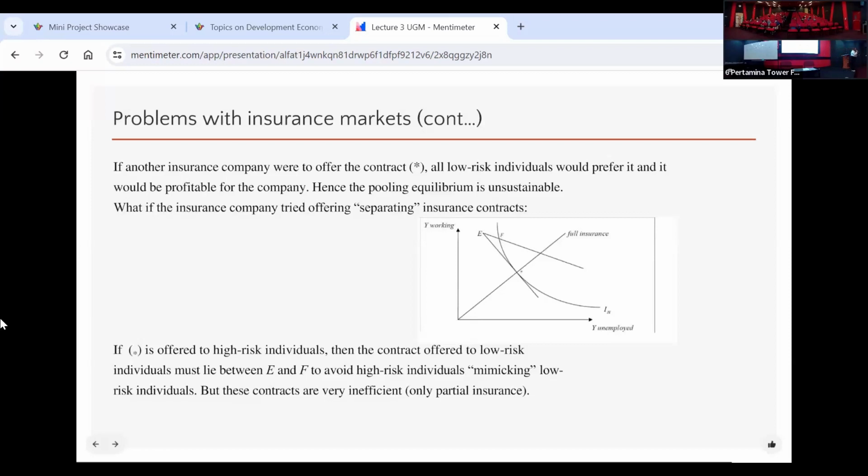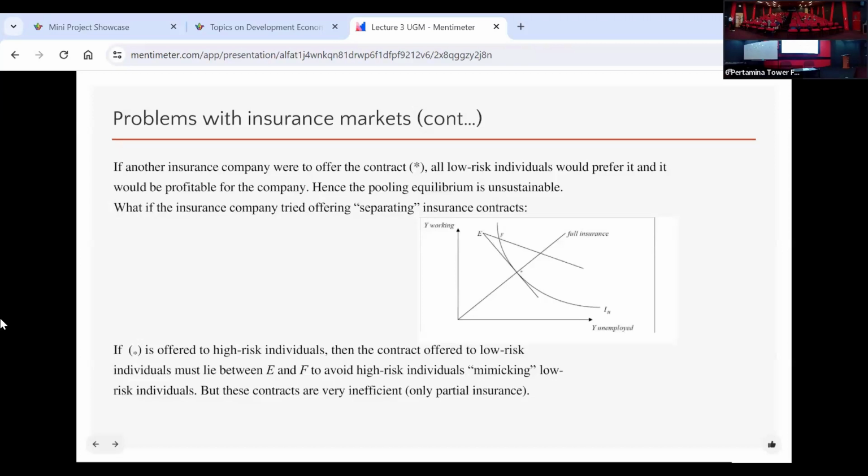Now, what happens with social insurance markets? How can a social insurance market work and avoid the problem of asymmetric information? I told you at the beginning, membership is compulsory.